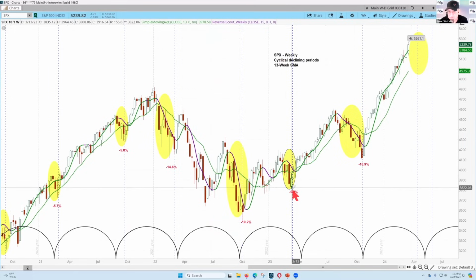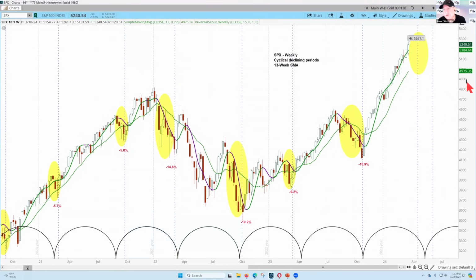It had a correction of 9.2% over 6 weeks. This was a longer correction. You can see where the reversal scout turned over, and this one was about 3 months total. It fell 10.9%. Look at this one. Reversal scout turns up here. It tells us about the bottom right there and has been positive during this whole period.